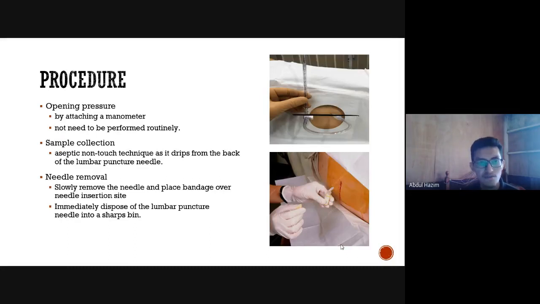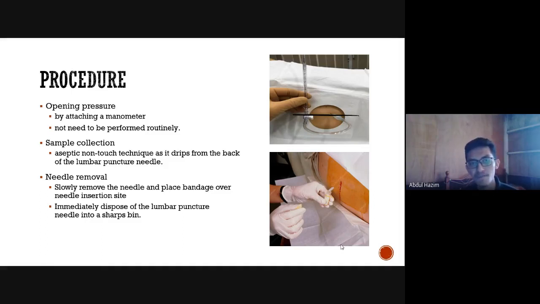Next. So to measure the opening pressure, it should be done in a patient in the lateral recumbent position only, by attaching a manometer using a flexible tube. However, measuring the opening pressure usually does not need to be performed routinely.